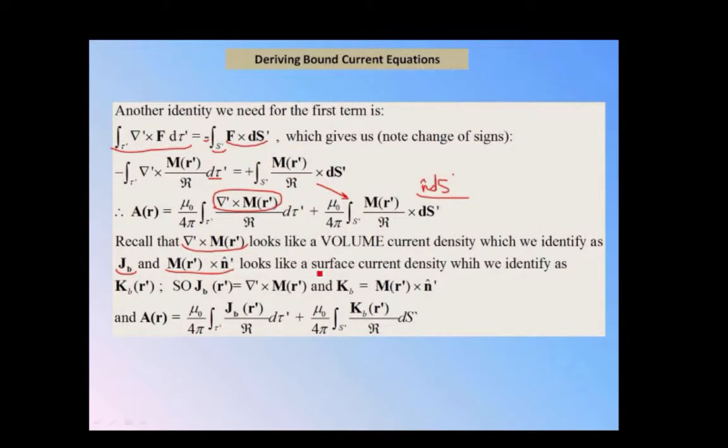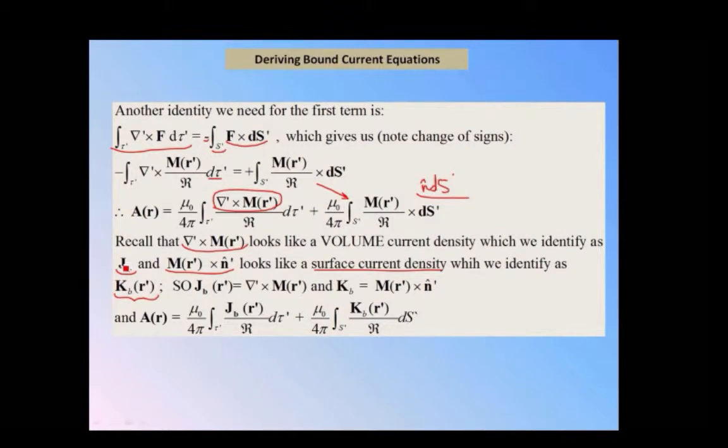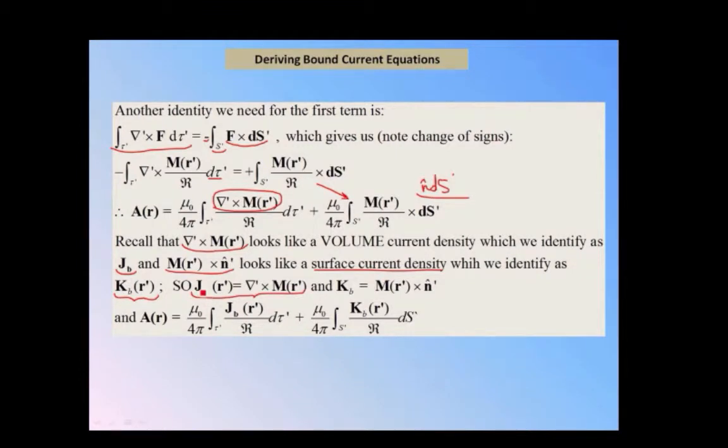Well, that looks like a surface current density, and so we identify that with the nomenclature K sub B. The J and the K are like we had for the bound surface charge and for the charge density inside that is bound for a dielectric. Just rewriting those definitions then, here is the bulk bound current density, and that will only be non-zero if the magnetization changes within the volume such that the curl is non-zero.